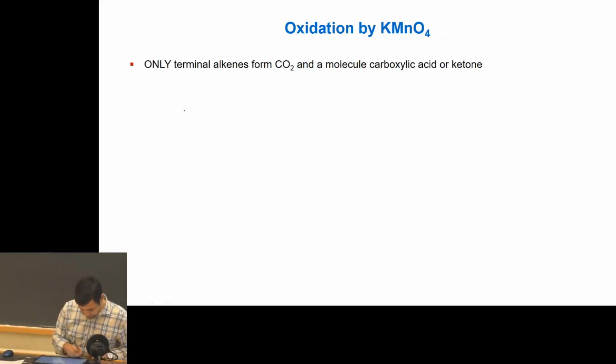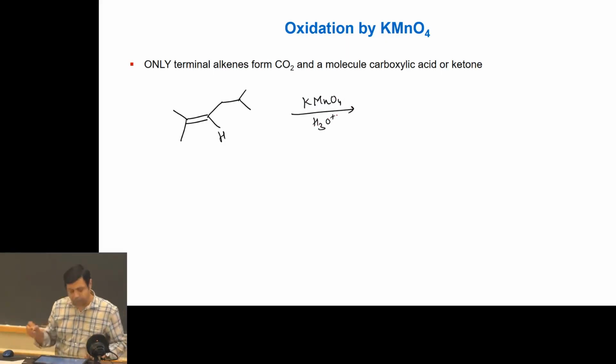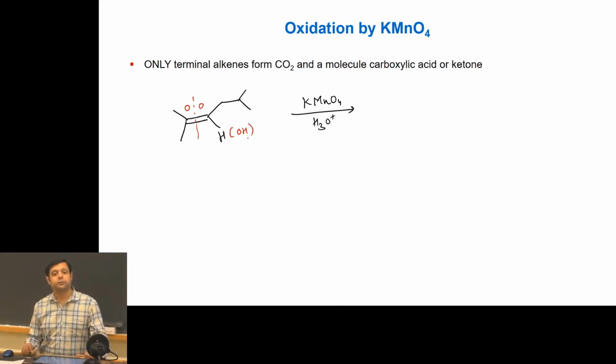Let's say I start off with this molecule. I perform KMnO4 oxidation. Split up the double bond, add oxygens on either side. Any hydrogen attached to the double bonded carbon gets converted to OH.